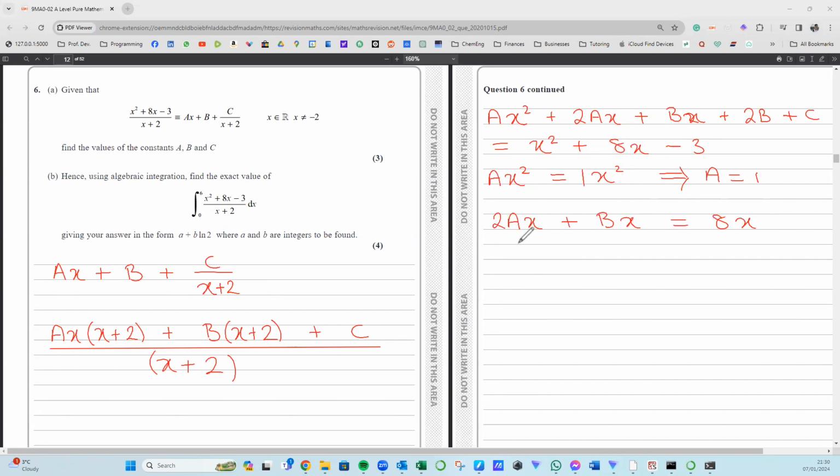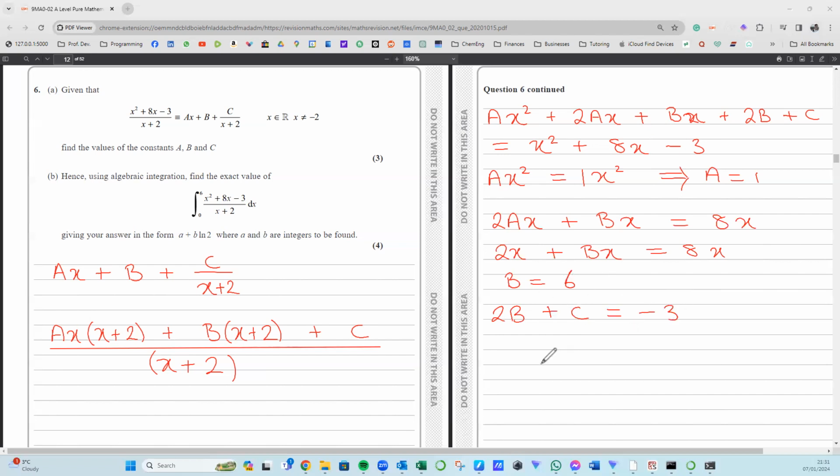We know that a is equal to 1, so we can straight away change that. So 2 times 1x is going to give us 2x, plus bx is equal to 8x. So we know that 2 plus b is equal to 8, so b must be 6. b equals 6. Okay, so final one now, it's going to be 2b plus c, and that's going to be equal to minus 3.